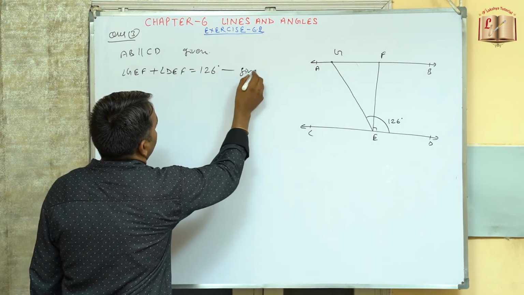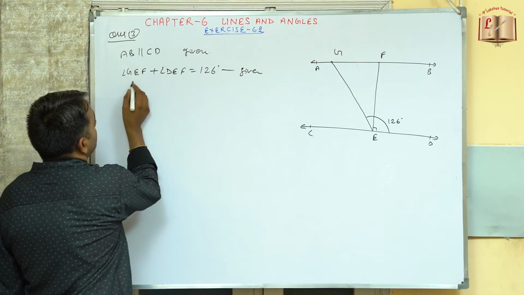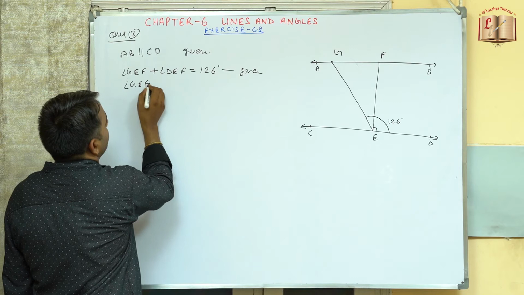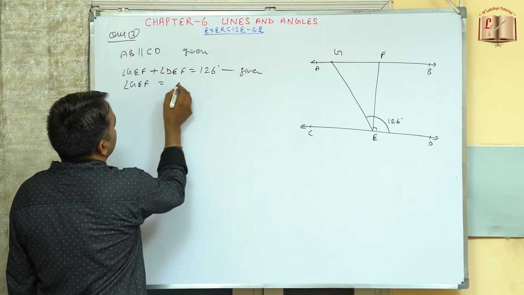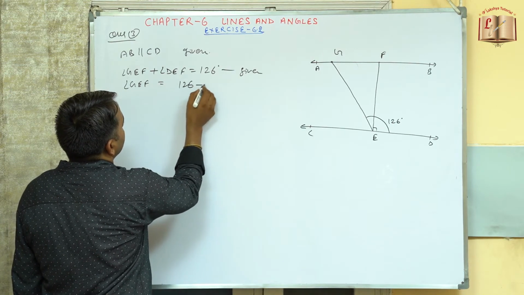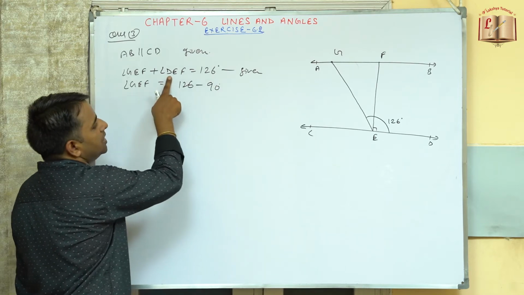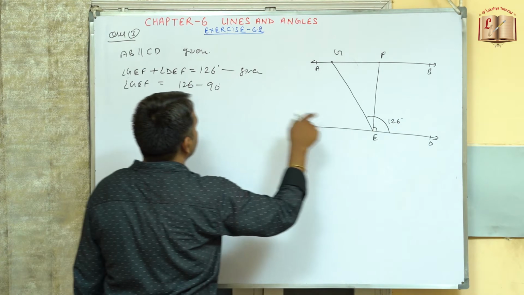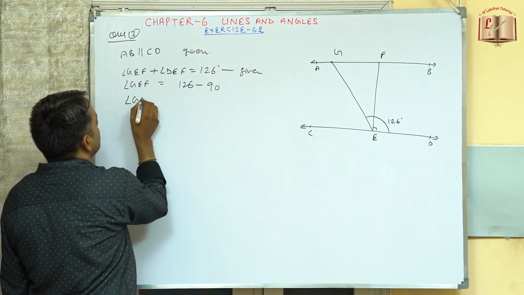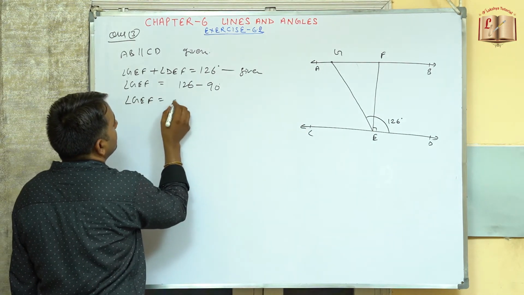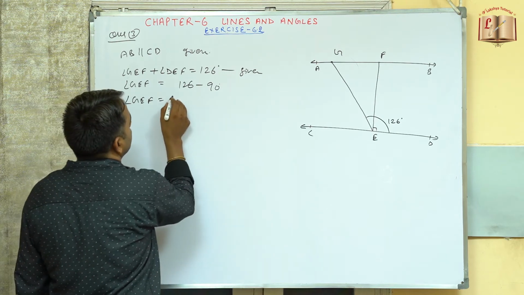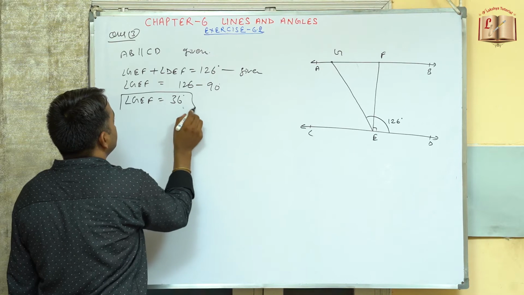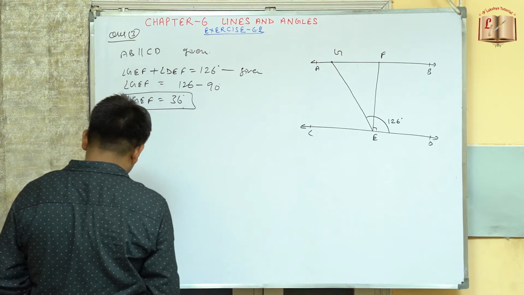This is already given to us. So now angle GEF will be equal to 126 minus 90 degree because DEF is already given to us as 90 degree. So now this is 36 degree.